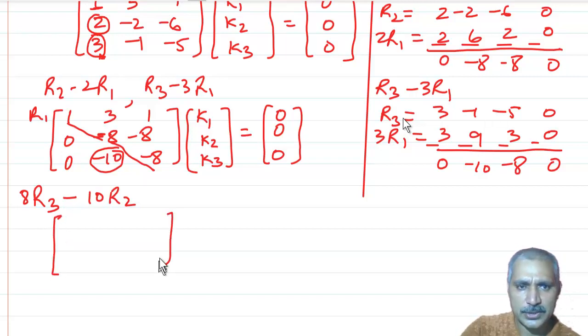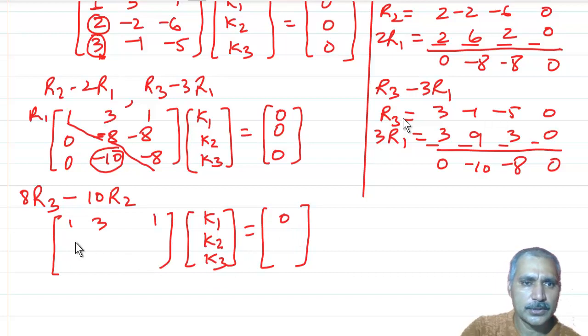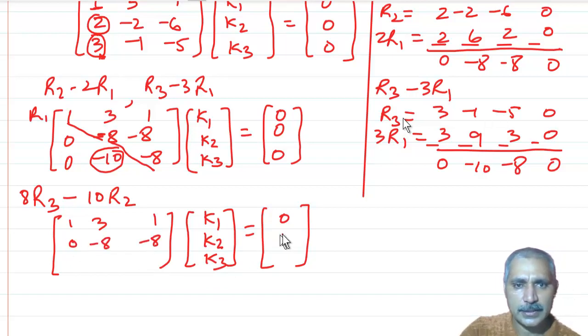R3 is going to change. So R1 and R2 will remain as they are. We will copy paste that. Now here it is going to be 1, 3, 1, K1, K2 and K3. R2 is 0, minus 8 and 0.